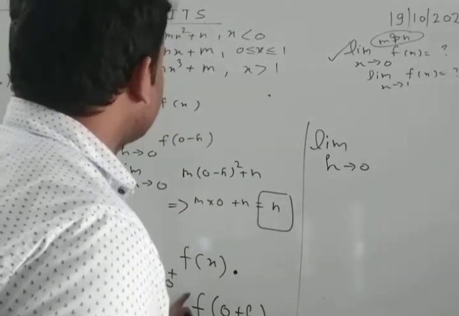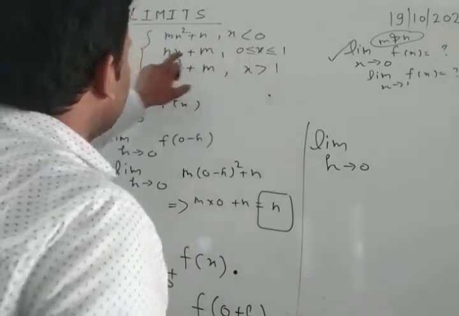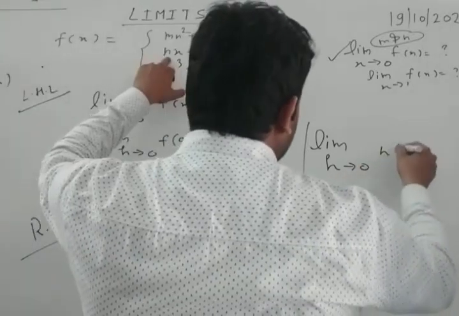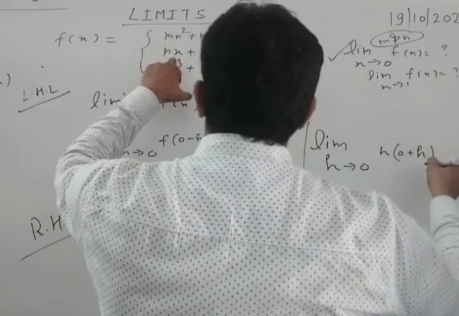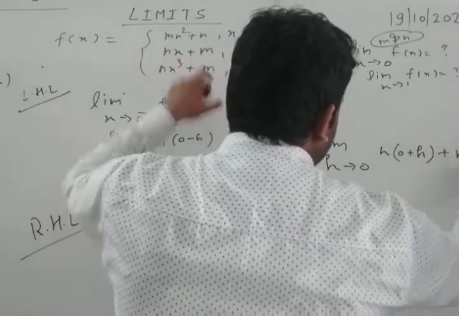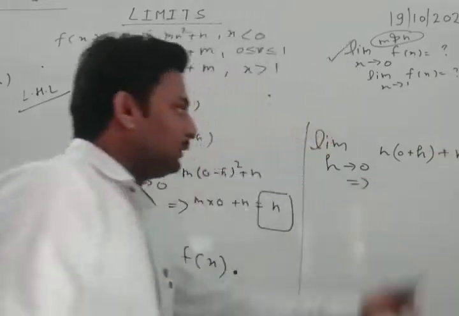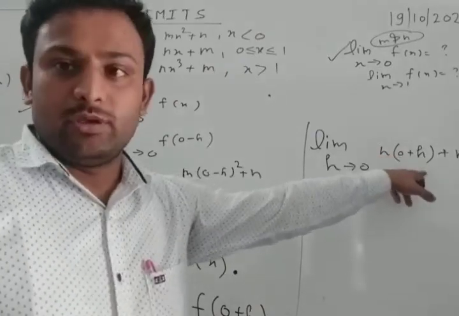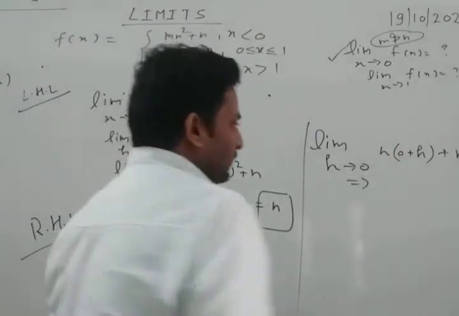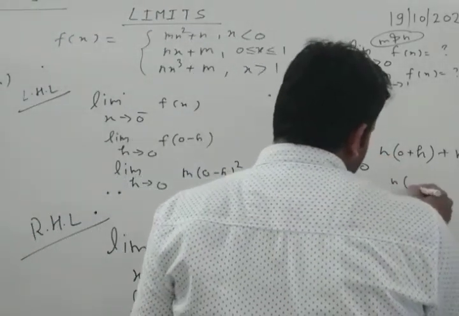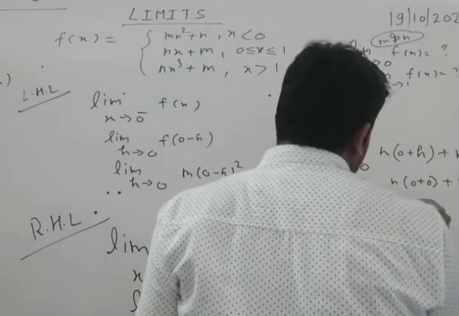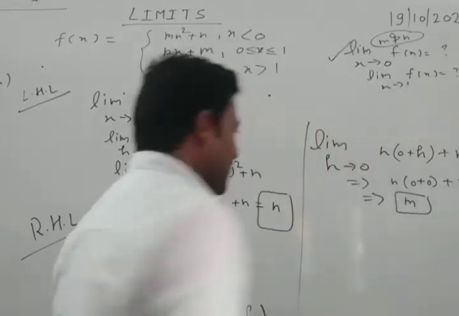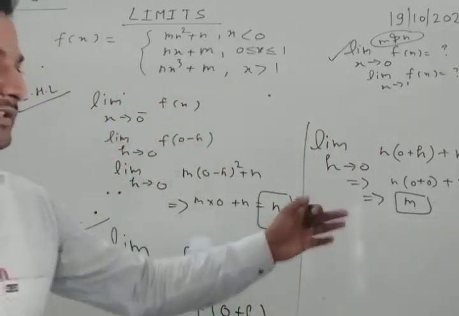For x greater than 0, our function is nx + m, so we replace x with 0 + h, plus m. If we put h equal to 0 here, we get n·0 + m. So the right hand limit is m and the left hand limit is n.